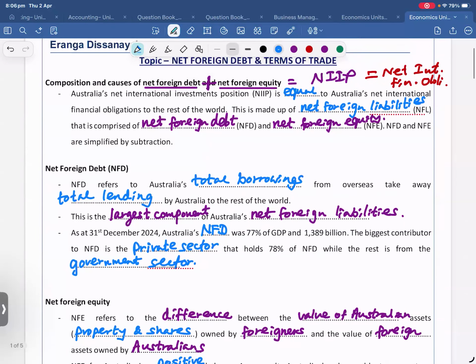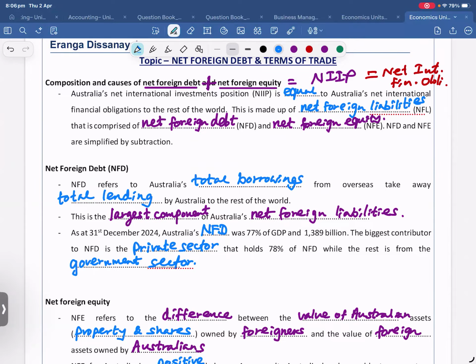So that makes our net foreign liabilities, or NIIP, the net international investment position, around 1 trillion. But even though it is 1 trillion, still we owe the rest of the world.